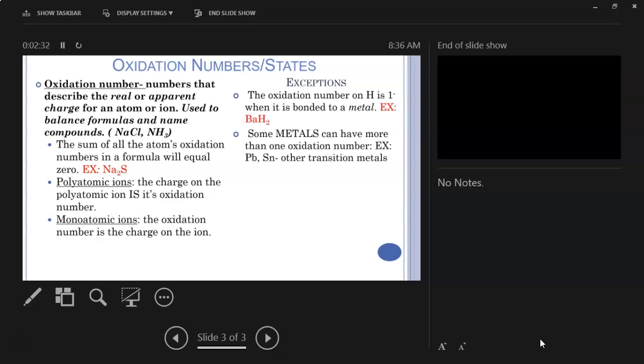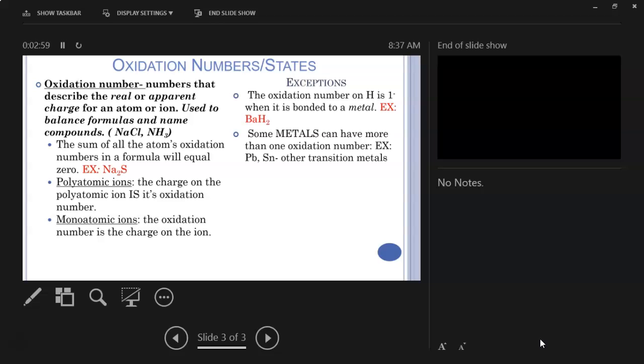Now, some other metals that do that are the transition metals, the metals from group 3 to group 12. Take iron, for example. Iron could have an oxidation number of 3, 2, or 6, meaning iron could give away 2 electrons, 3, or 6, depending on what compound it's forming.